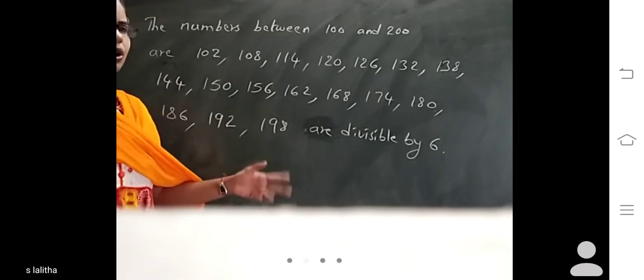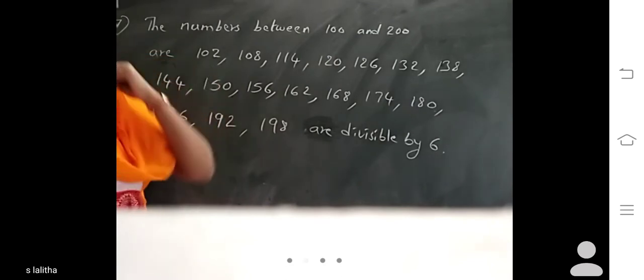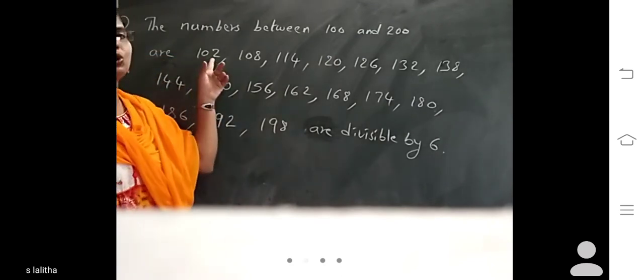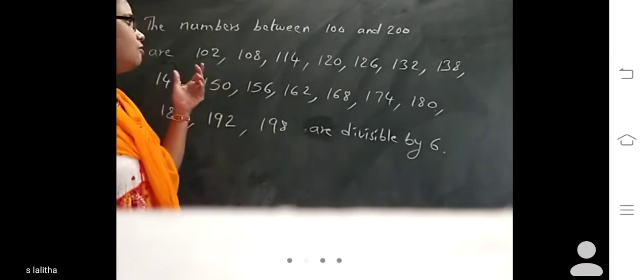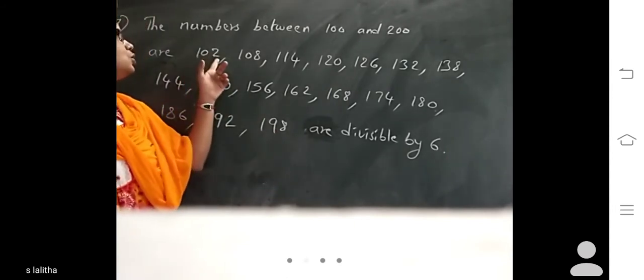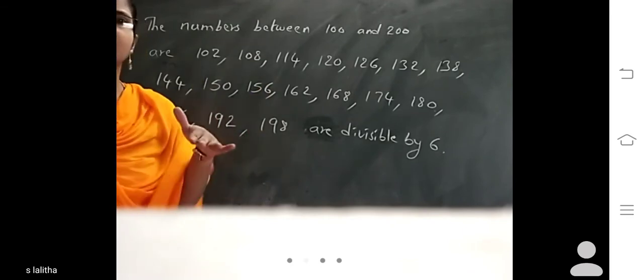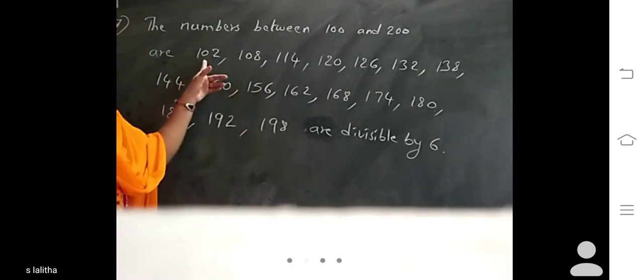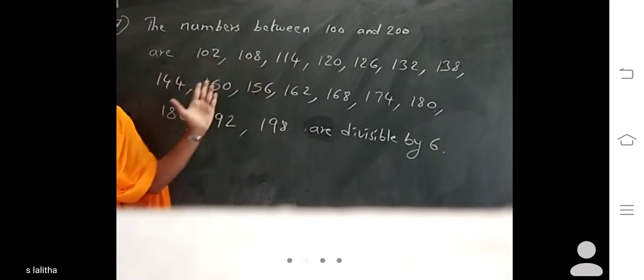The next number is 102. It is divisible by 2 and also by 3, because 1 plus 0 plus 2 is 3, and 3 is divisible by 3. So it is divisible by 6. Then for the next numbers, you add 6 to get the other divisible numbers.